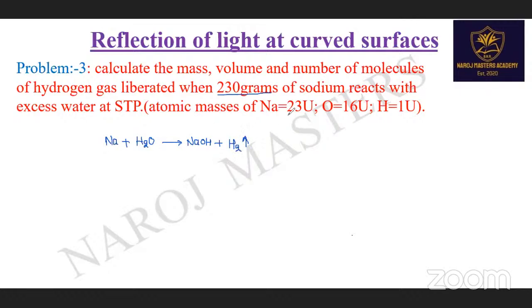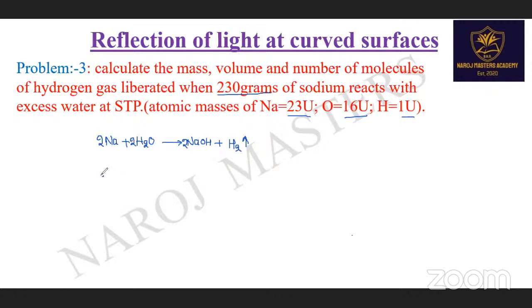Na atomic mass is 23 units, oxygen is 16 units, and hydrogen is 1 unit. First balance the chemical equation here. It is not balanced. If you place 2 here, then 4 hydrogens on each side, 2 oxygens and 2 Nas. Now it is a balanced chemical equation.